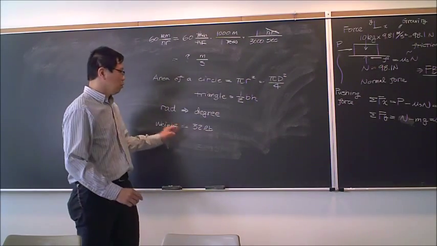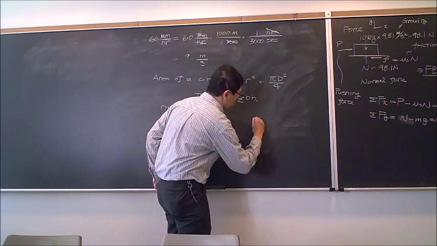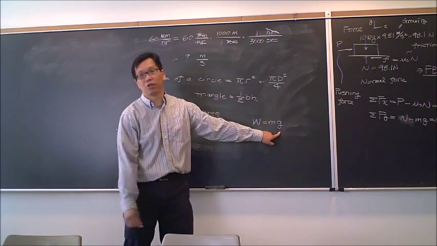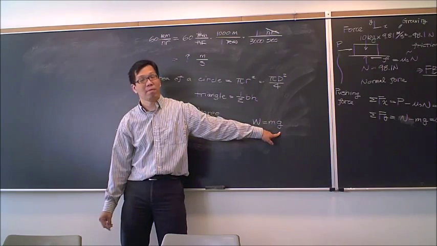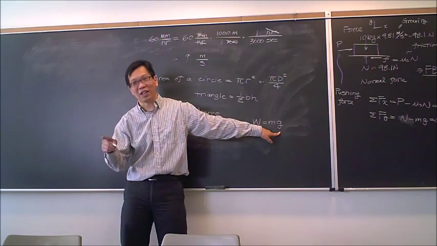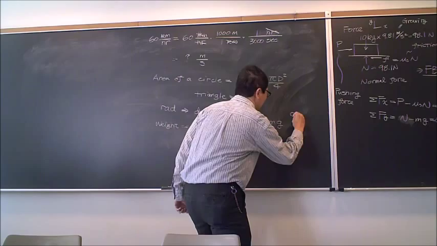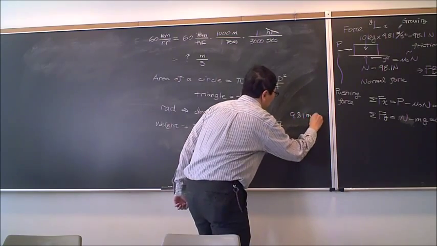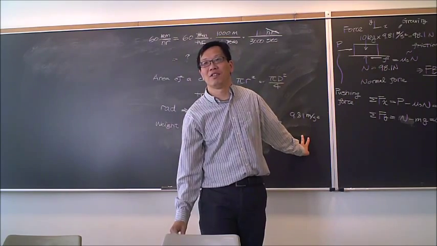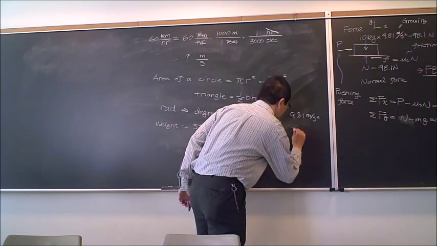Okay? So we know what is G. This question is tricky. What is G? Give me a number. 9.81. Okay, what unit are you talking about? Meters per second squared. If it's English unit, how much is that? 32.2. Very good.